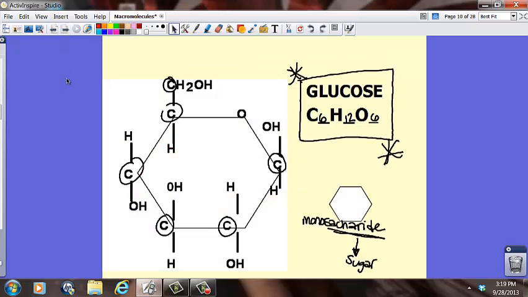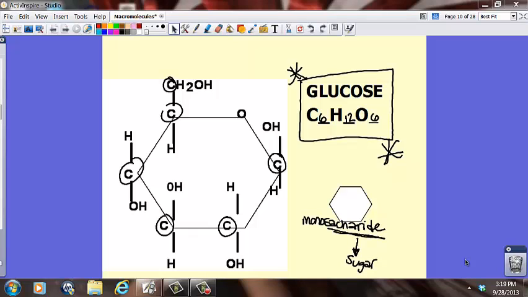I give the example of a monomer that we find in our bodies, and plants have it, and a lot of things have it. It's glucose. Its molecular formula is C6H12O6, the reason being that there are 6 carbons in this molecule, 5 of which are in the ring, 12 hydrogens, and 6 oxygens.